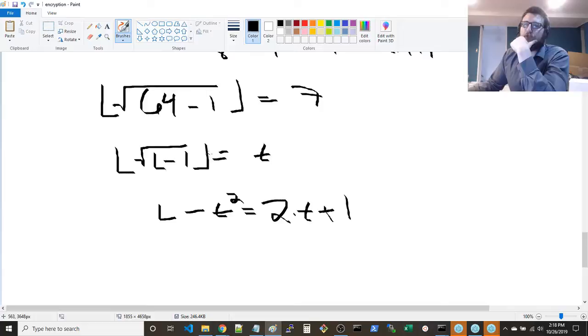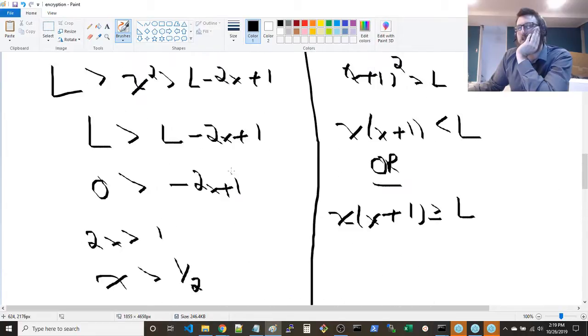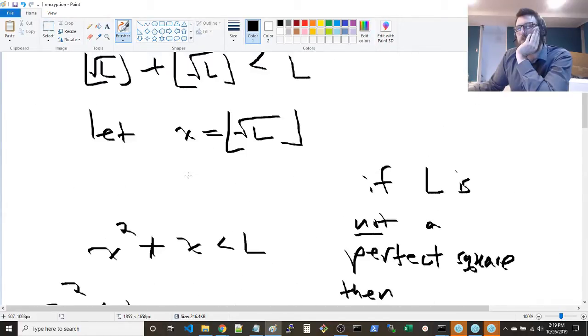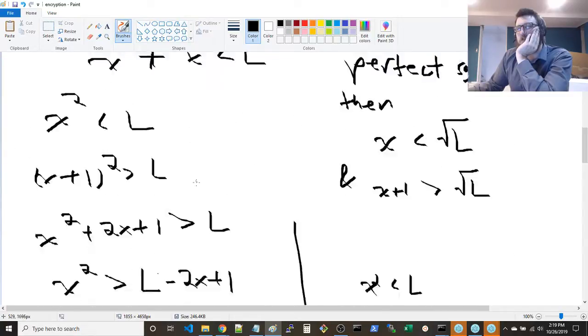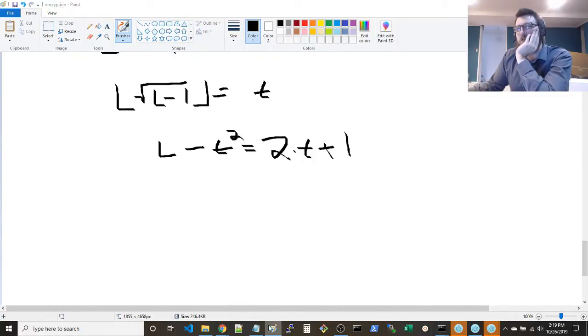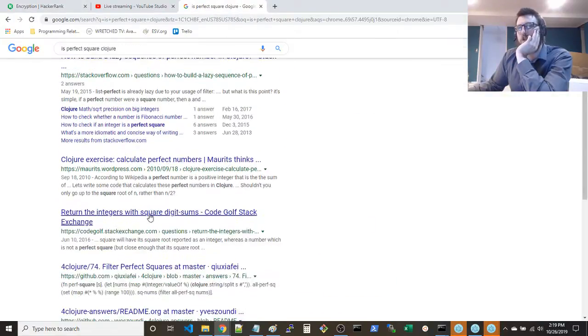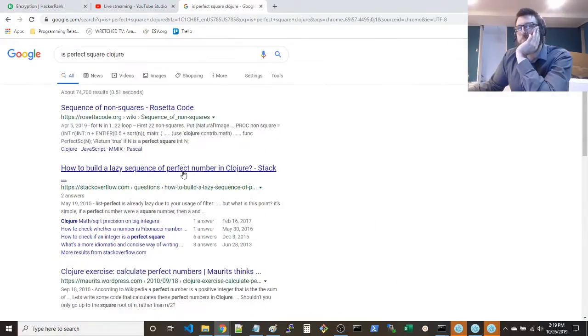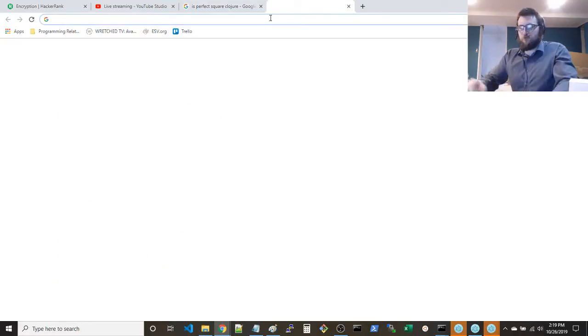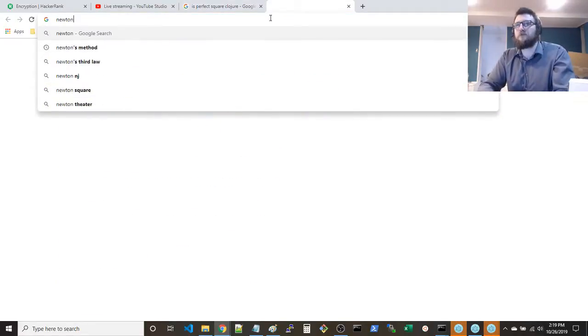It's not really foolproof either, though, is it? Maybe it is better to use Newtonian method. There's like an iterative Newtonian method. We could look it up to see perfect square closure. Newton method.